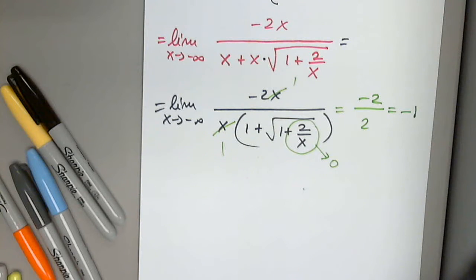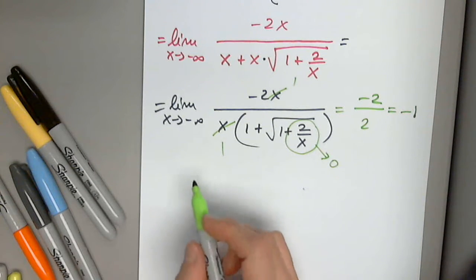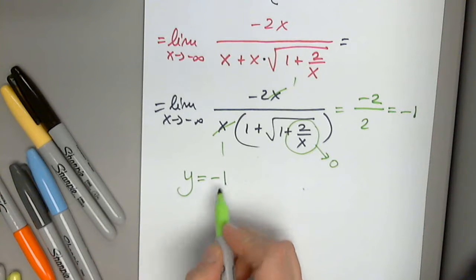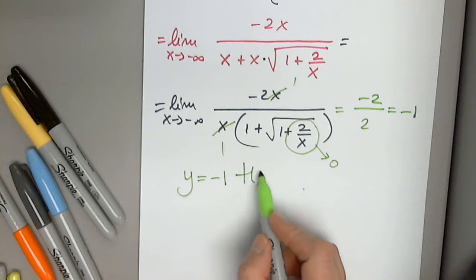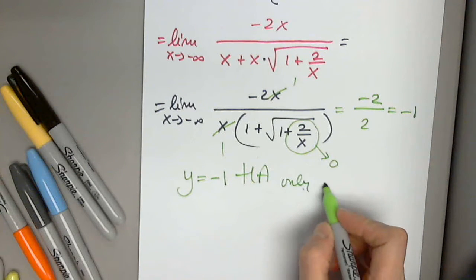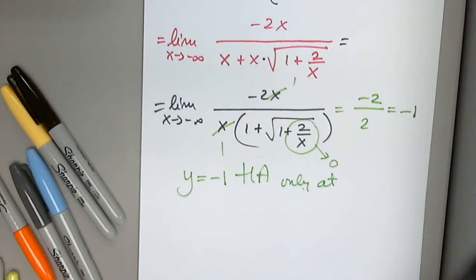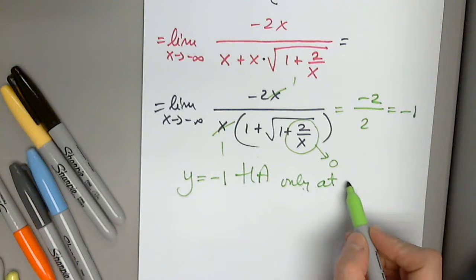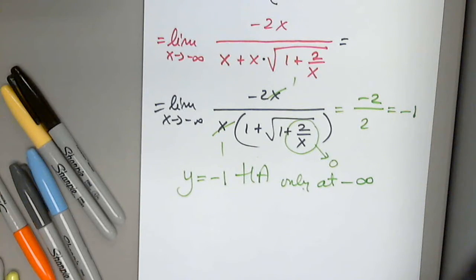what do we conclude about this function? Function values approach y equals negative 1. Horizontal asymptote for sure. Now I know for sure that only at one end, you understand why.